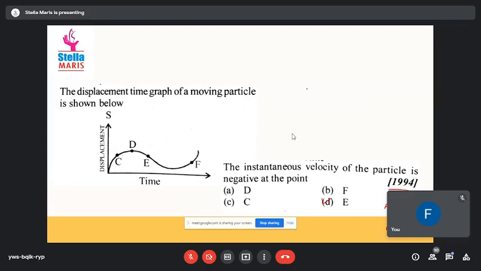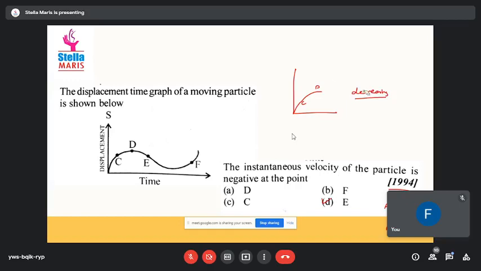So what happens here? First, the curve is like this from C to D. This is C and this is D. The curve is in the downward direction, so what can we say? Velocity is decreasing with time.